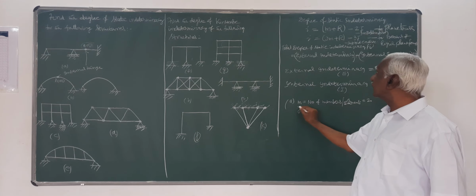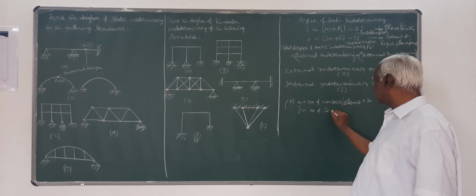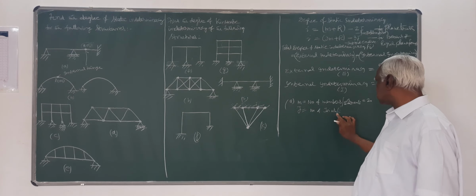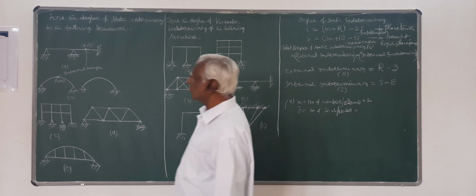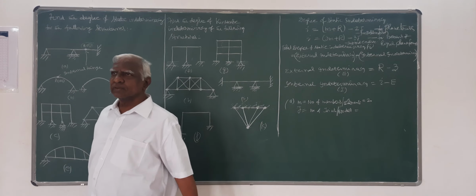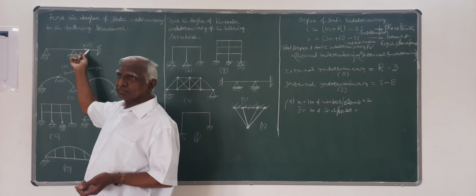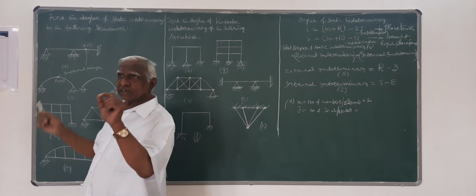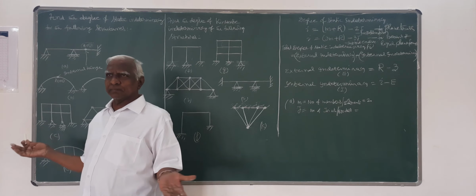Then j equals the number of joints or nodes. It's also called nodes. So the number of joints or nodes: 1, 2, 3. They are the joints. This is not a joint, right? The joint is that particular point where there is transfer of force to the adjoining members.